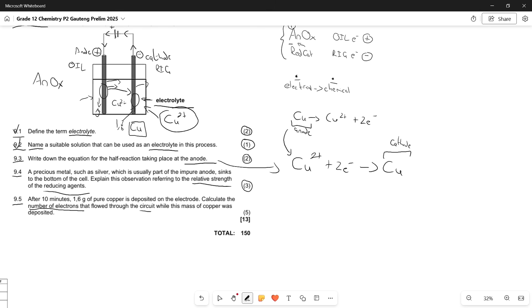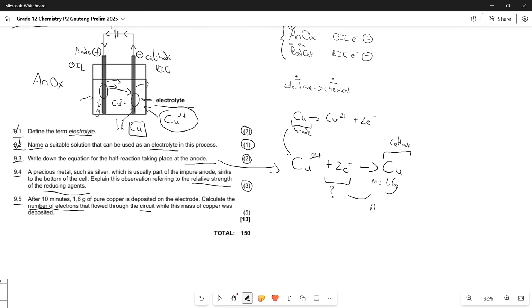But what this means is that if we are going to do some sort of molar equation over here, we have 1.6 grams of pure copper that was deposited on the cathode. We want the number of electrons over here. We don't know how many electrons we have, but we are in an equation where we can get to moles and then work with the moles to calculate the number of electrons that we need.